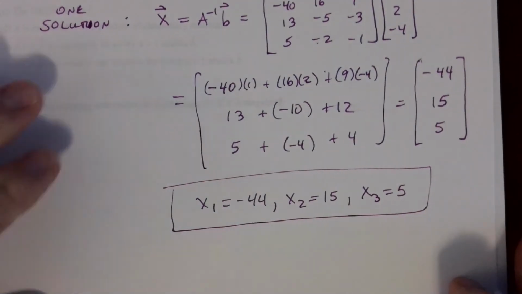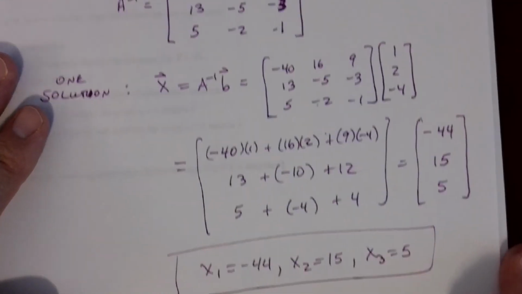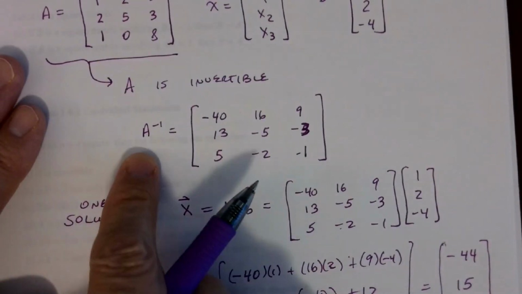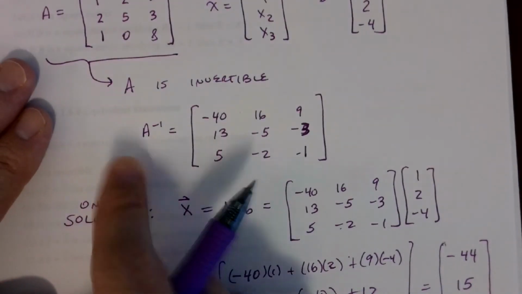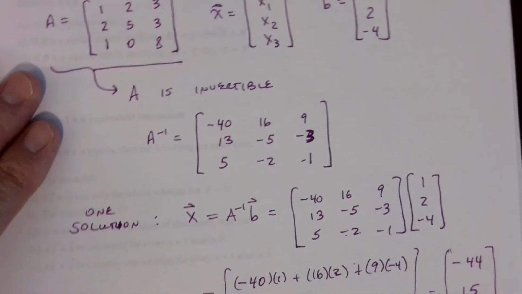Now, it is not as efficient as doing Gauss-Jordan elimination or Gaussian elimination that we use to solve a system, and the reason is because finding this inverse basically requires you to do the Gauss-Jordan method in the inversion algorithm.